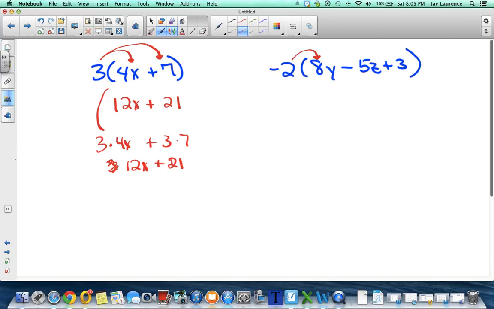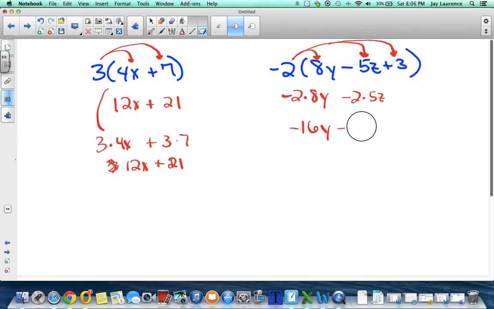All right, now when I have a negative in front of the quantity, I'm going to multiply everything in the quantity by that number. I don't care if there's 85 terms in the quantity. We won't be doing anything that big, but it's conceivable. So I do negative 2 times 8y, which is negative 16y. Negative 2 times 5z. That's a negative 10z.